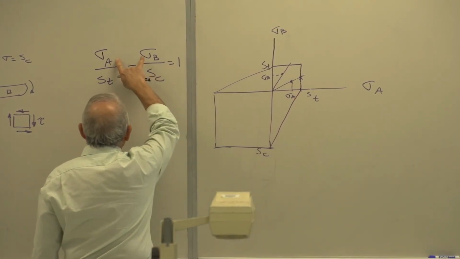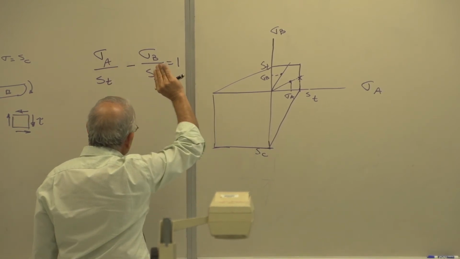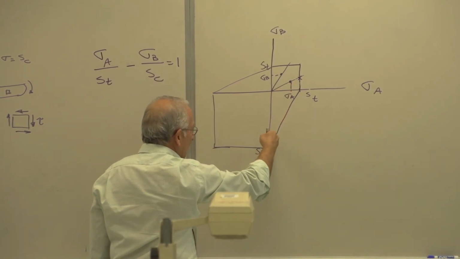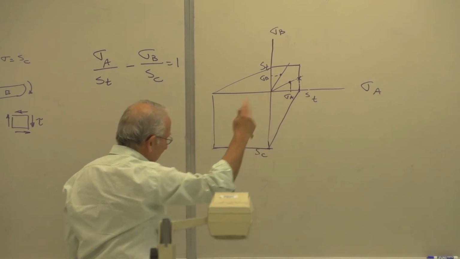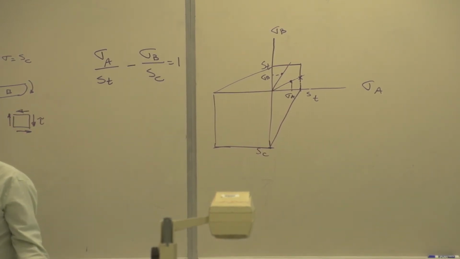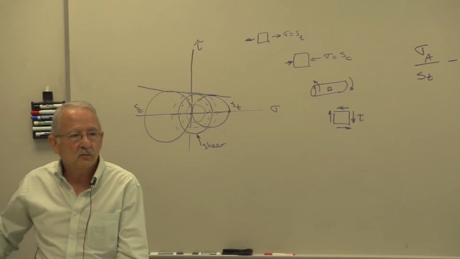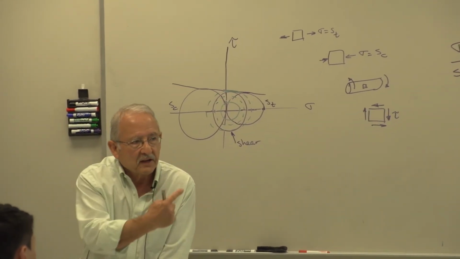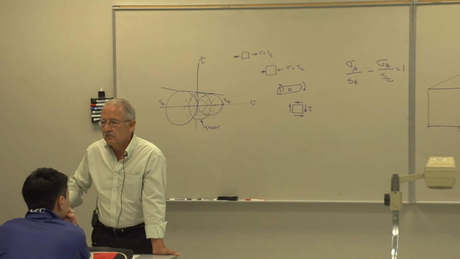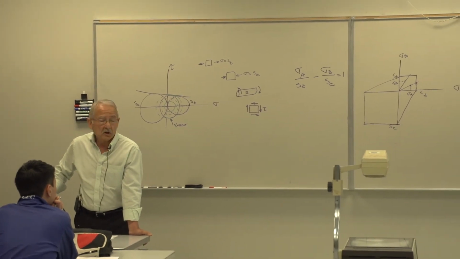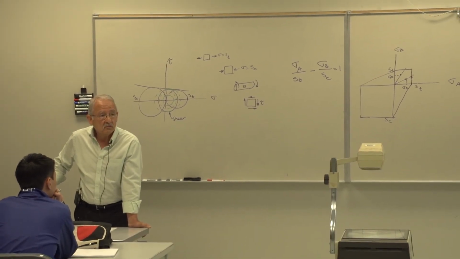And if my sigma A and sigma B satisfy this equation, that means they're on that line somewhere. My point is on this line, and that means failure. I don't want failure. I want to have a factor of safety of 2, for example. How do I incorporate that factor of safety in that equation? Or in the graph, for that matter. It doesn't matter, either one.